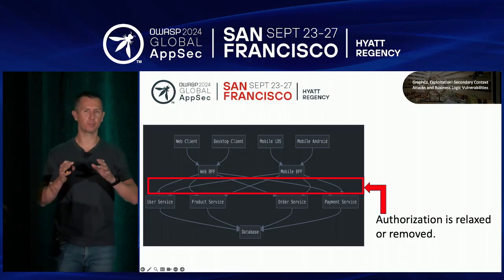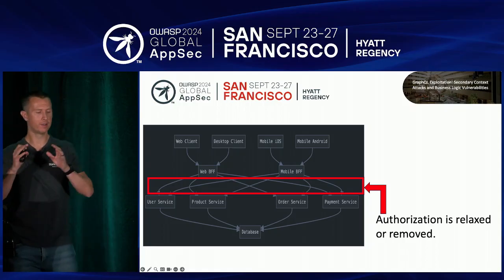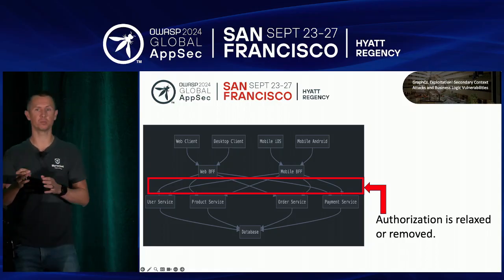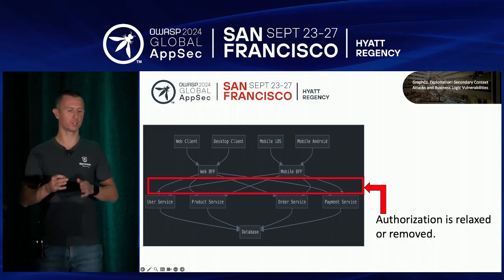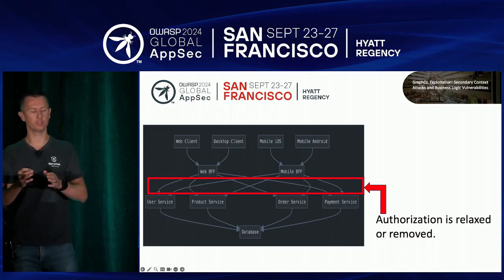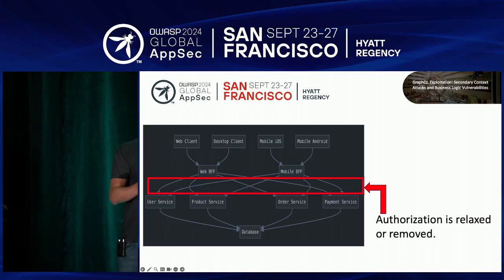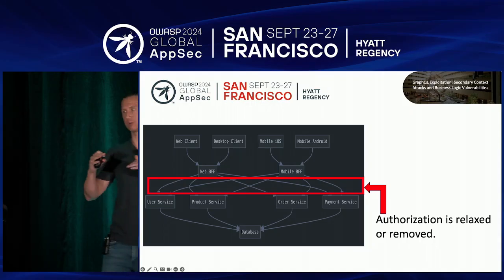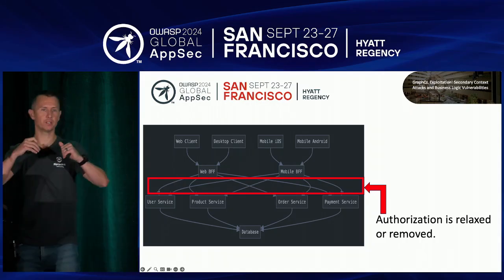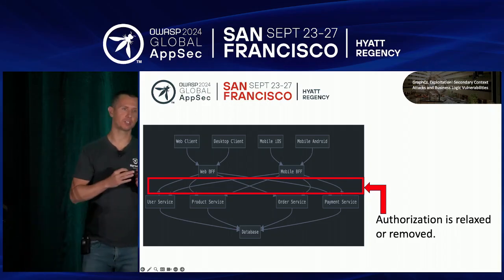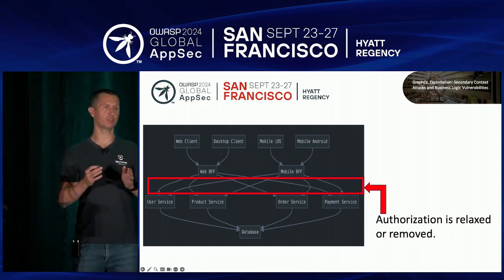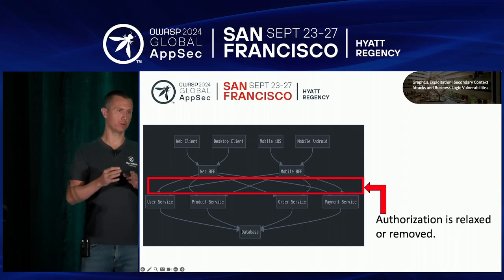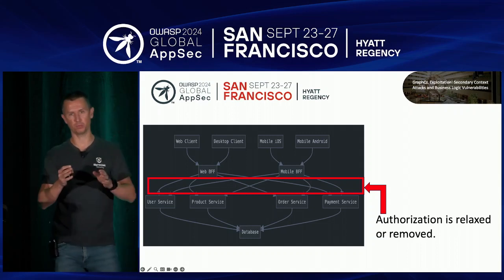In my observation, part of the way this happens is different dev teams are often responsible for different microservices. So you may have one dev team on the payment service, another dev team on the product service, and they have completely different threat models. So as it's coming into the BFF, maybe a request to the product service doesn't require an authorization header, but it's added in order to make everything in the product service accessible.